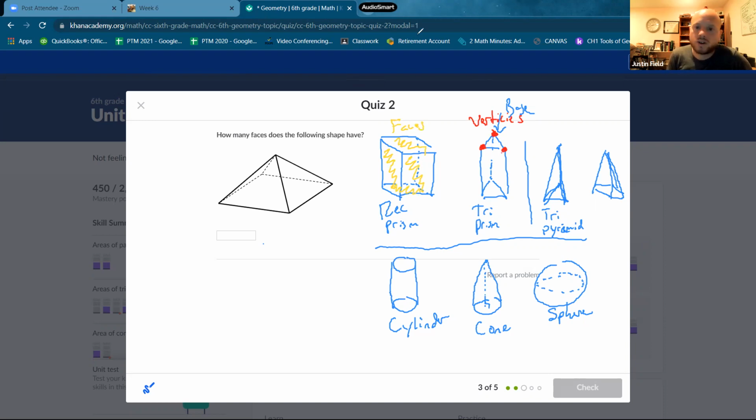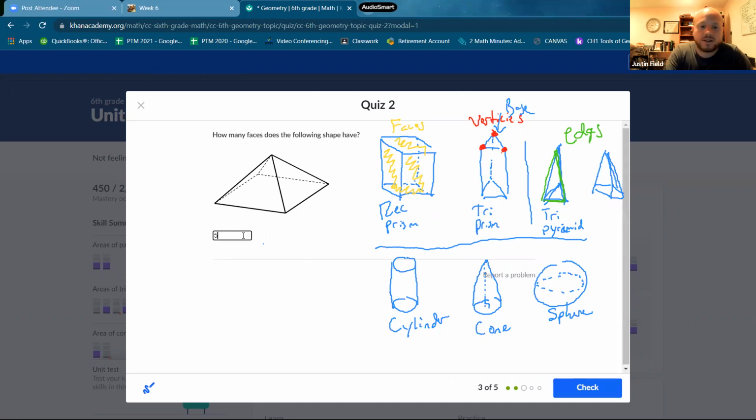Those corners are the vertices. And then we have the lined segments along the side. Those are called the edges. So how many faces does this thing have? There's the bottom and then the 4 triangles, so it has 5 faces.